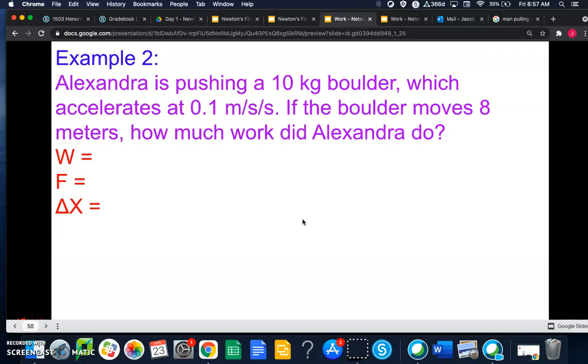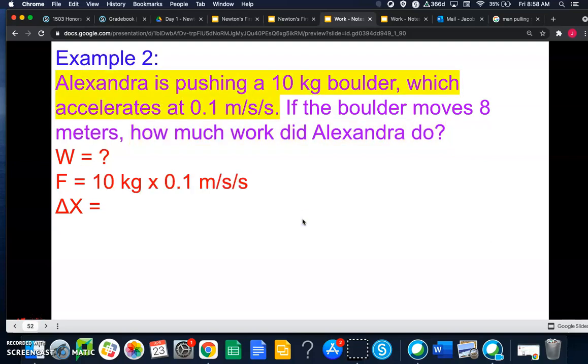So Alexandra is pushing a 10 kilogram boulder which accelerates at 0.1 meters per second per second. The boulder moves 8 meters. How much work did Alexandra do? So we're looking for how much work she did. Force can be calculated from 10 kilograms times 0.1 meters per second per second.